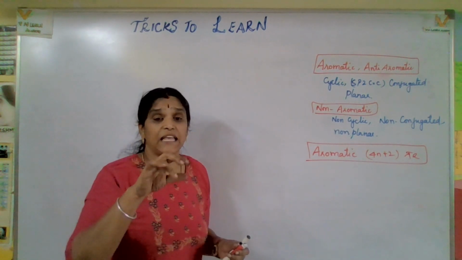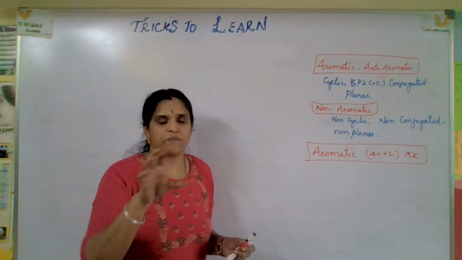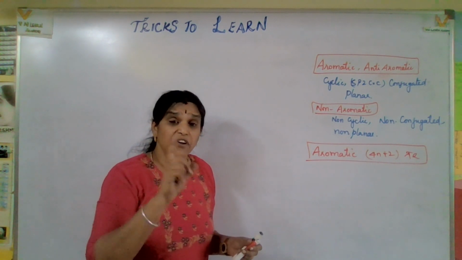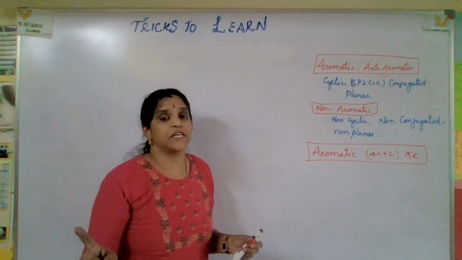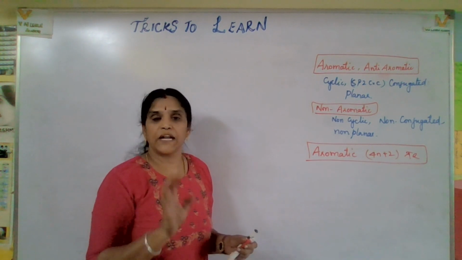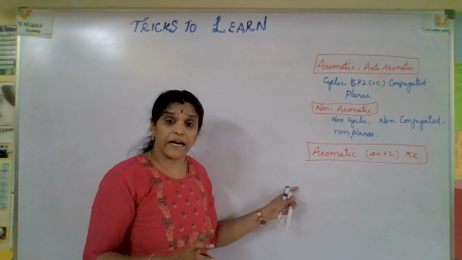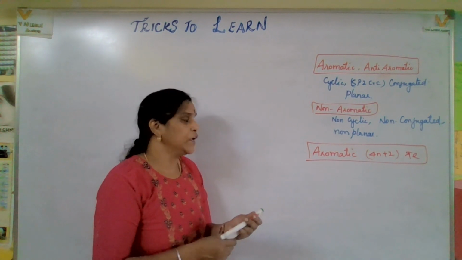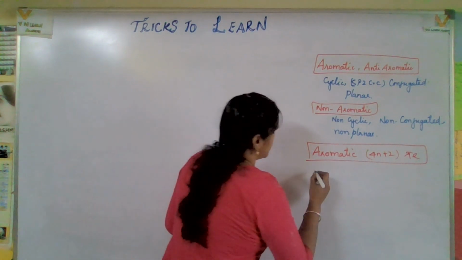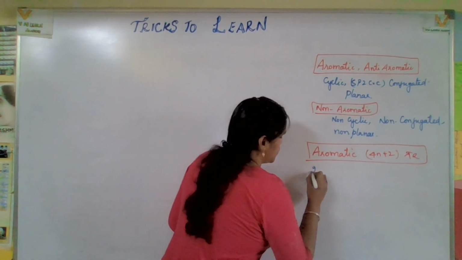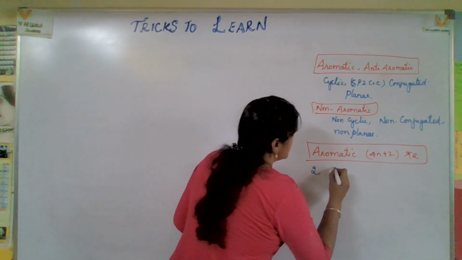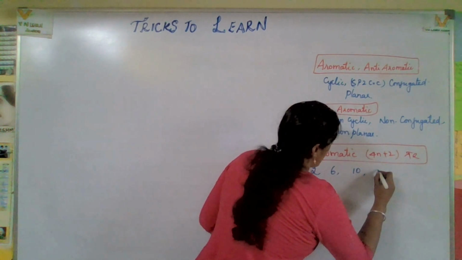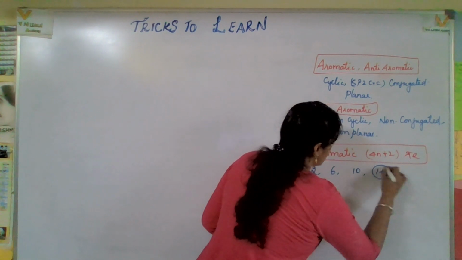In the question they'll give some shapes or formulas or cyclic structures. You have to analyze which is aromatic, which is anti-aromatic, and which is non-aromatic. For that you have some tricks, tips and rules to follow. So 2 electrons, 6 electrons, 10 electrons and 14 electrons can be considered.